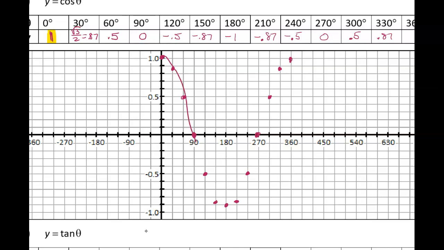Here is one cycle of the cosine function.